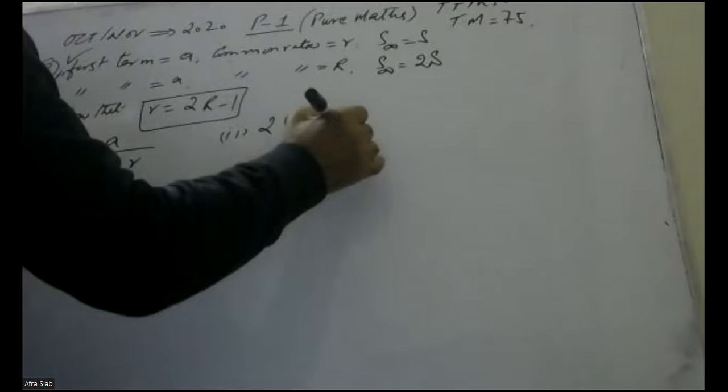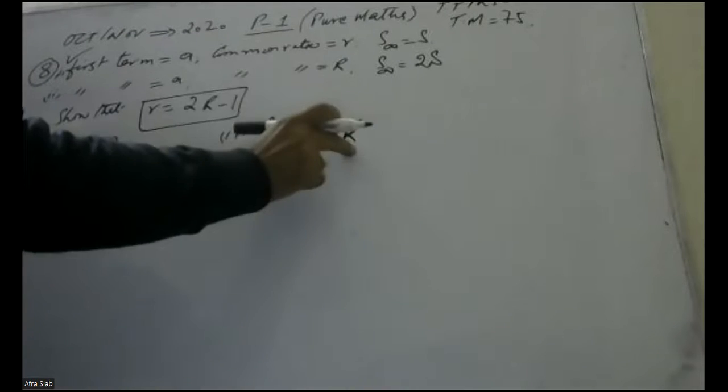So for the first series, we can write it as S is equal to A over 1 minus R. This is the first part. For the second part, we can write it as 2S is equal to A over 1 minus capital R. Because the first term is A, common ratio is capital R, and sum to infinity is 2S.